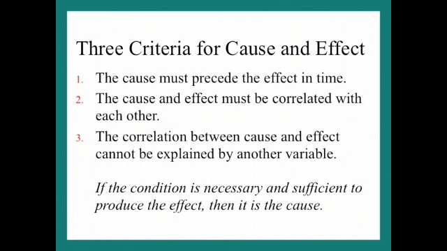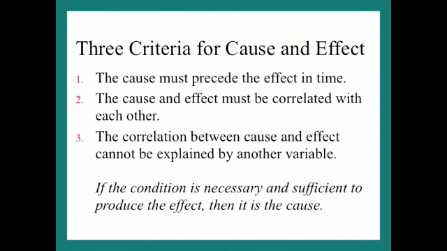The cause for the running would be the shooting of the gun, and the effect is the people running. We can't have the people running before the gun goes off. So the cause, which is the gun, must precede the effect in time. So we can't have the change before the experiment. That's basically all that's talking about there.